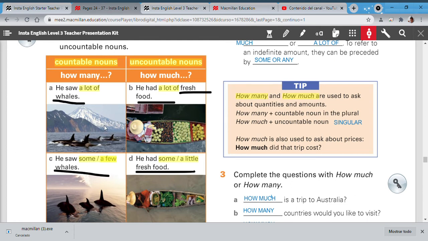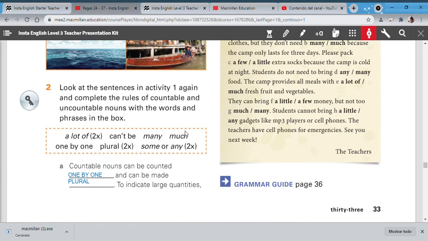You can say I have a lot of water. You have a lot of water. That's good. But you don't say I have a few water. No, that is not possible because a few is for countable. In that case, you say I have a little water. Okay, uncountable. Now let's see.